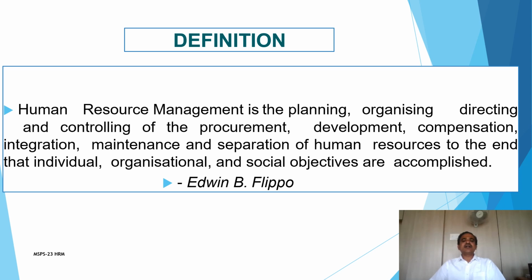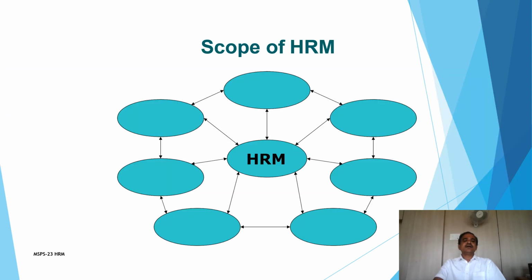These functions under HRM give effective people, the right people for the right job. These functions should satisfy the individual, organizational, and societal objectives also. We are going to see the functions one by one under the scope of HRM.